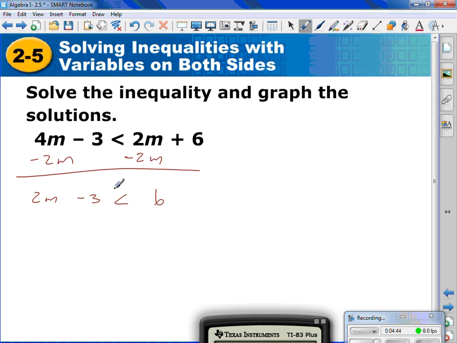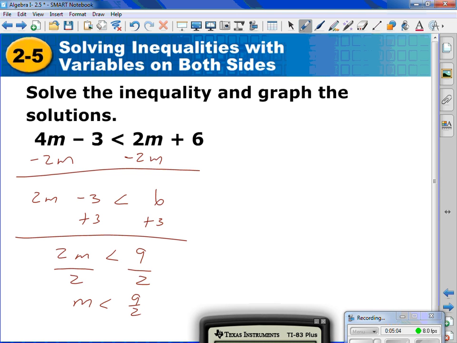Plus 3 over here. 2m less than 9. Divide by 2. M is less than 9 over 2.